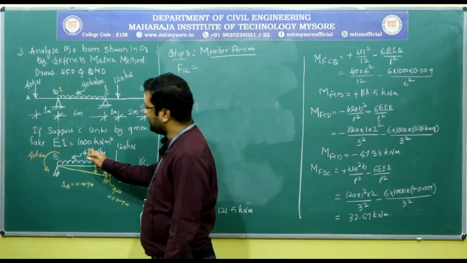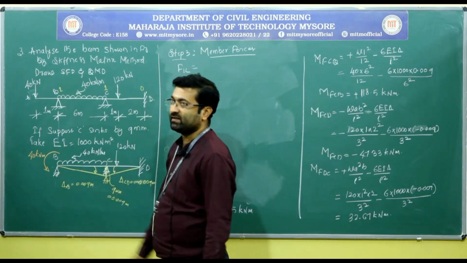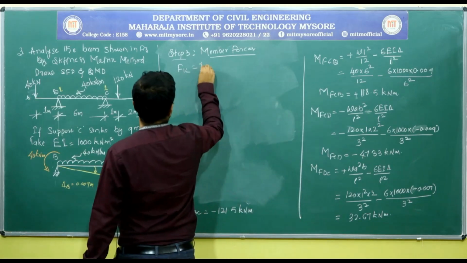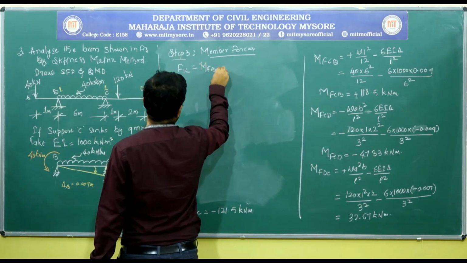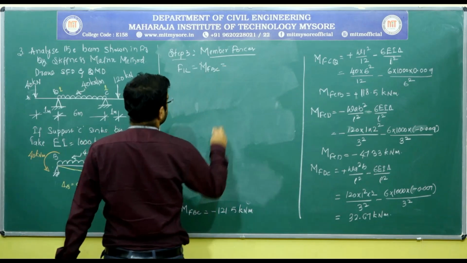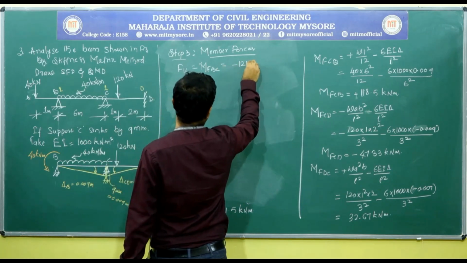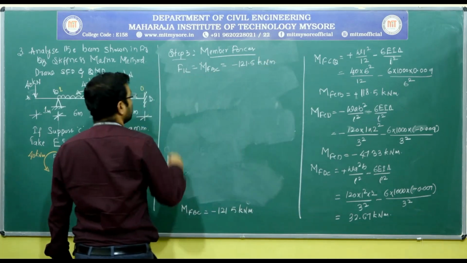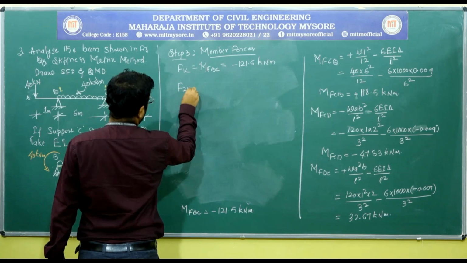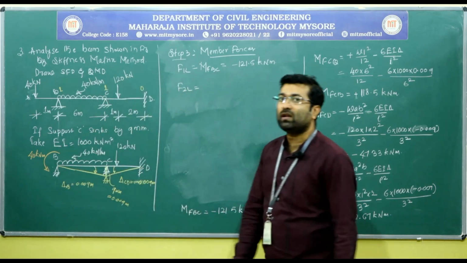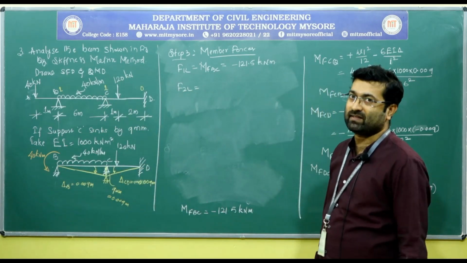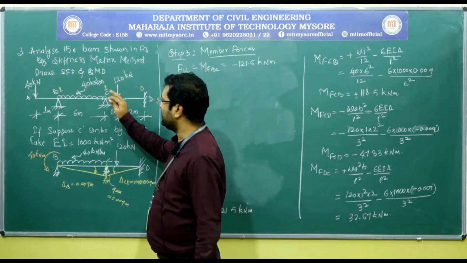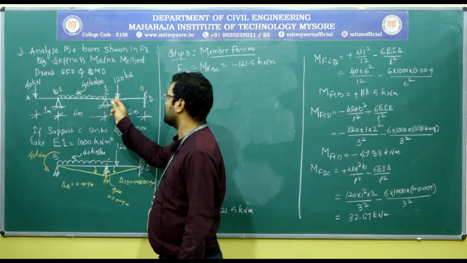Here at B we have only one member, that is BC. So I have to work out how much is MF BC. As per our calculation, MF BC is minus 121.5 kilonewton meter. Similarly, I need to calculate F2L. F2L is the net fixed end moment at the second coordinate. Our second coordinate is C. At C we have two members, CB and CD.